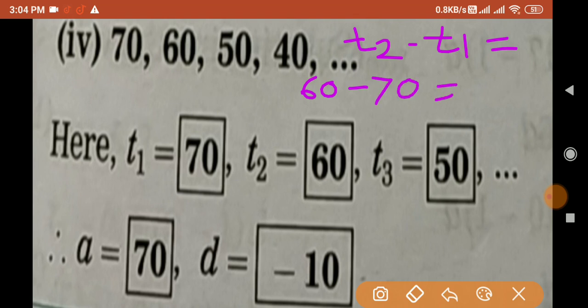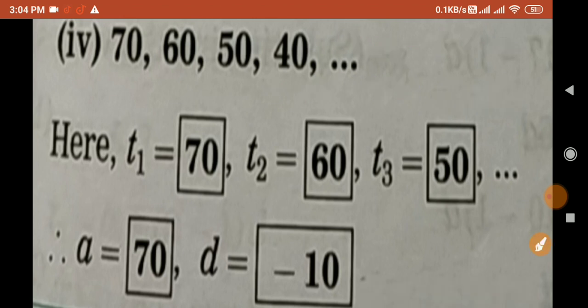Here the sign of 60 is plus. That means plus minus, the answer has the sign minus. And here the process of subtraction is done. That means 70 minus 60 is equal to 10. The answer becomes minus 10.